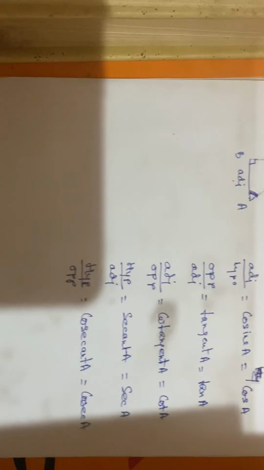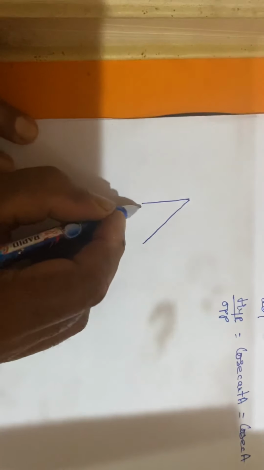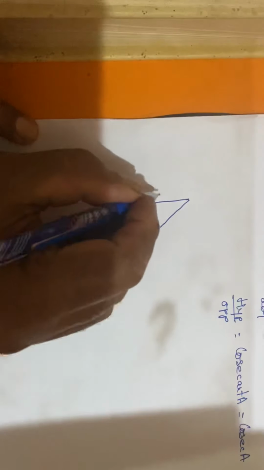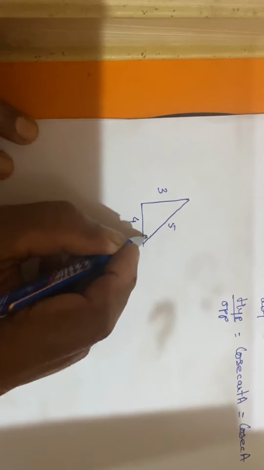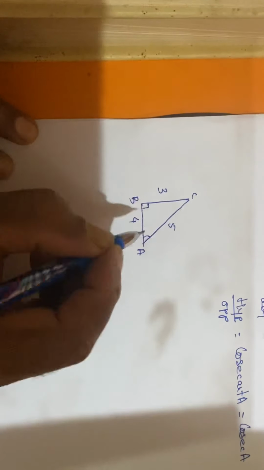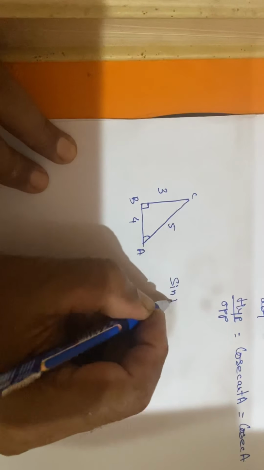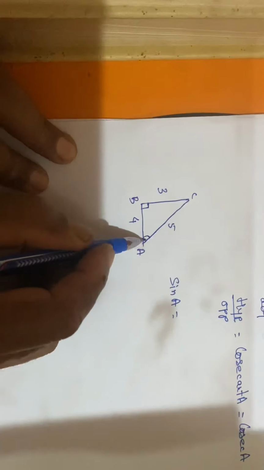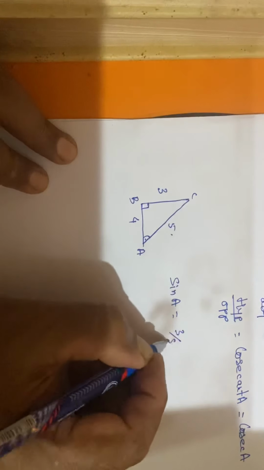For example, say this is a triangle ABC. This is 3 centimeters, this is 4 centimeters, this is 5 centimeters. You are asked what is sine A. Sine A will be opposite by hypotenuse, so it will be 3 by 5.